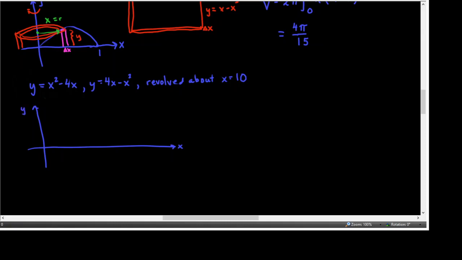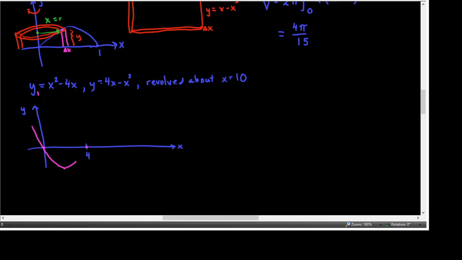Let's see, the x-intercepts of both graphs are at 4 and 0. I'm going to call this one y sub 1, one that opens upward with these two x-intercepts. So let's just say that the vertex, it has to be halfway between 0 and 4, is about that low down.